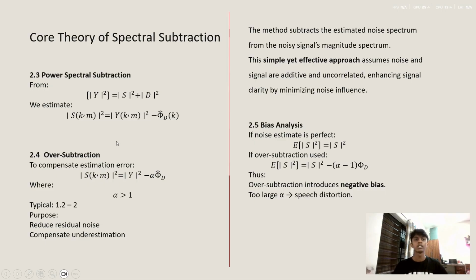Now the previous estimation step underestimates the noise, so we will have to add a constant alpha, which gives us the equation mod S squared equals mod Y squared minus alpha mod D squared, where mod D squared is phi d. This alpha is greater than 1, typically between 1.2 and 2. Now this is required to reduce the residual noise and, as I said, compensate for the underestimation.